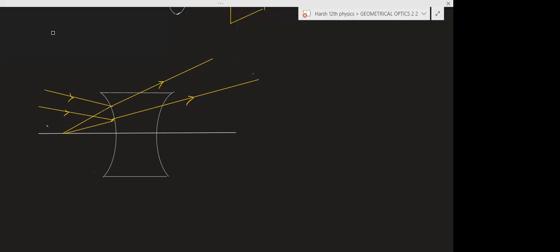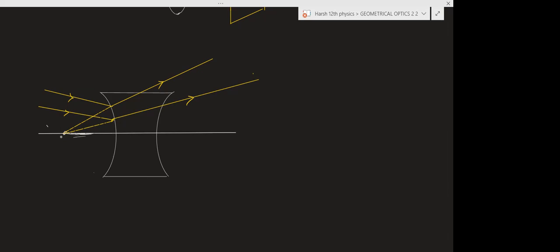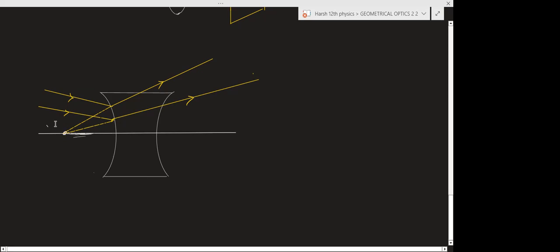And when you are producing these diverging rays in the backward direction, you are getting a point. Now you can see these are the parallel rays, parallel to itself, not parallel to the principal axis. After diverging from the lens, if you produce these diverging rays in the backward direction, then they will appear to meet at a common point. These rays will not meet here. Actually, these rays will meet somewhere.